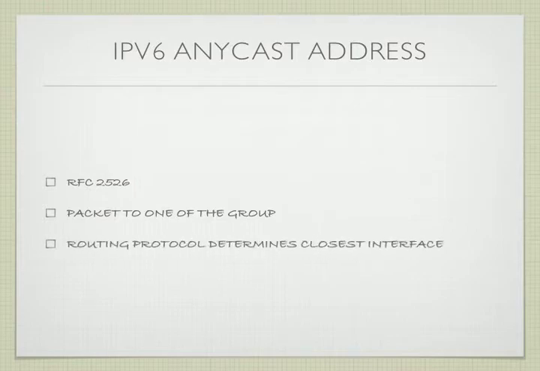The routing protocols on the IPv6 routers then are going to be used to determine who is the closest interface in the Anycast group that should be responding to the request.